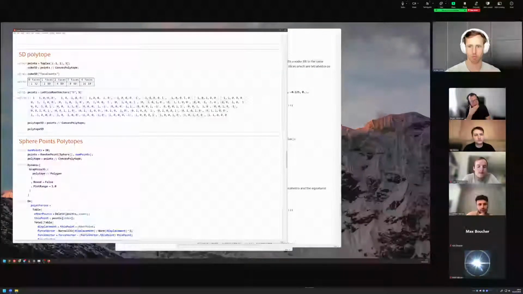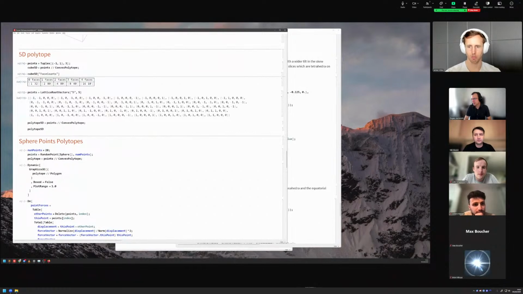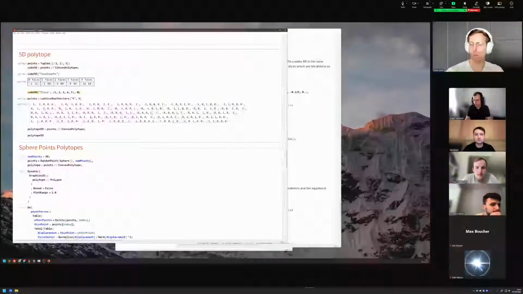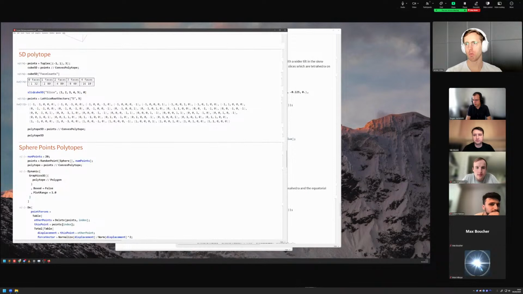And I wonder if this will work. So if I slice this along some random normal vector at the equator, I'll get like a 4-dimensional thing.